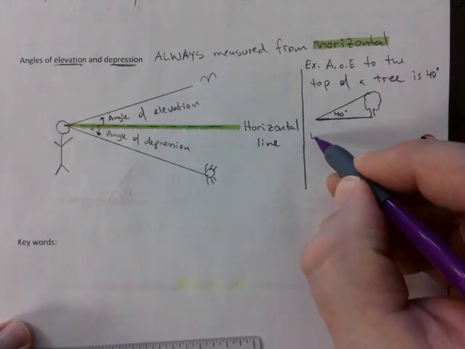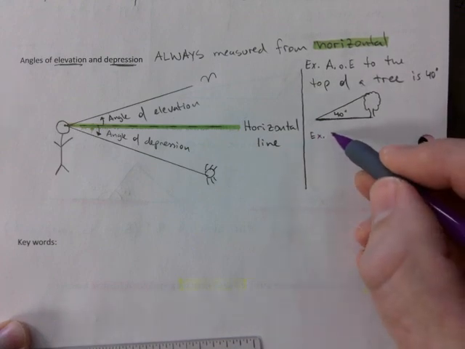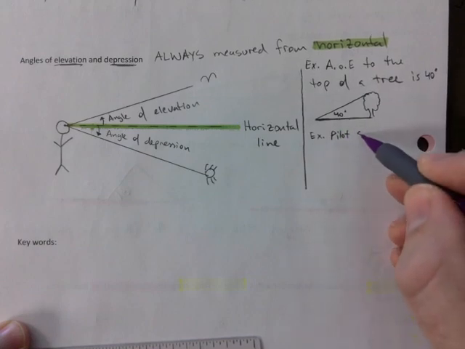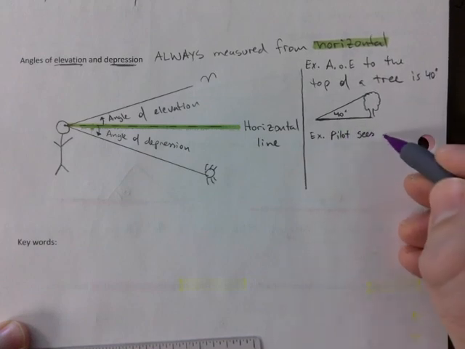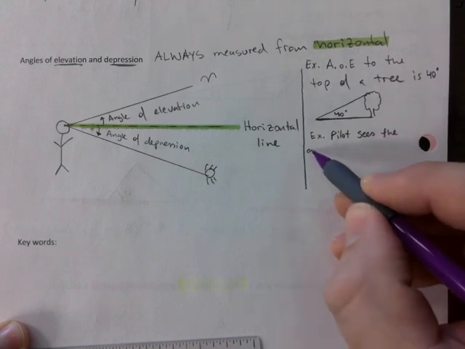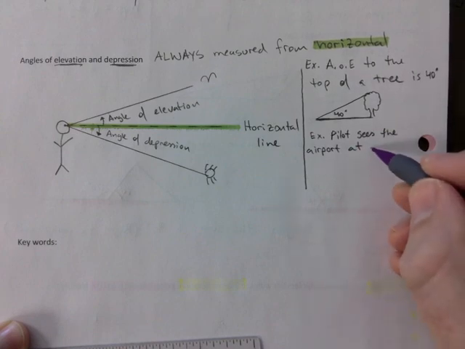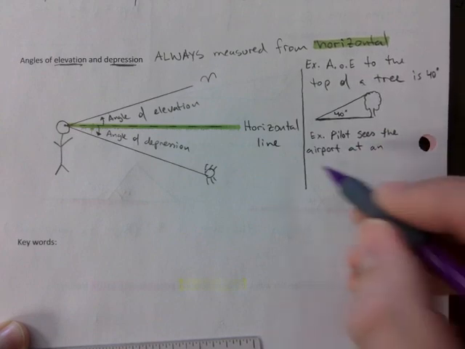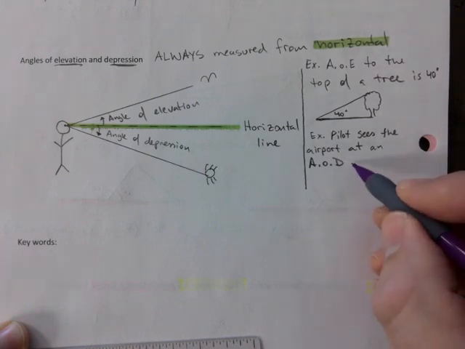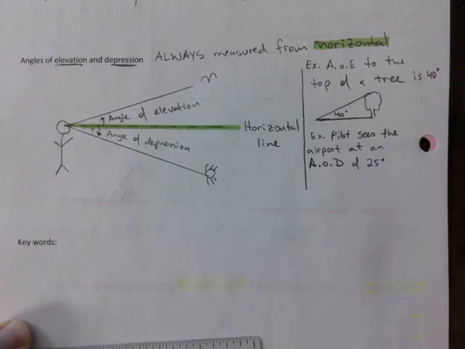An example for depression, you would say: pilot sees the airport at an angle of depression of, let's say, 25 degrees.